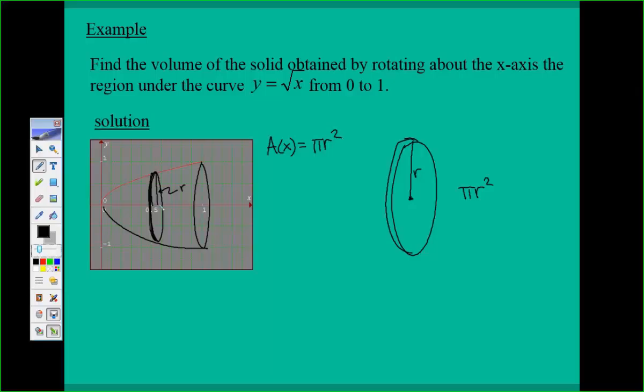We need to be able to find how to get the radius at this x value to be this length right here. And we can see that, well, that's just plugging that x value into the function. That would give us that radius. So to get the radius of any circle, we would simply plug in the function.